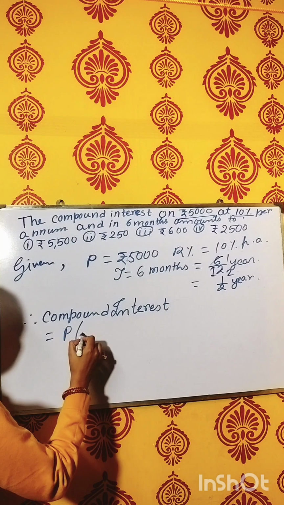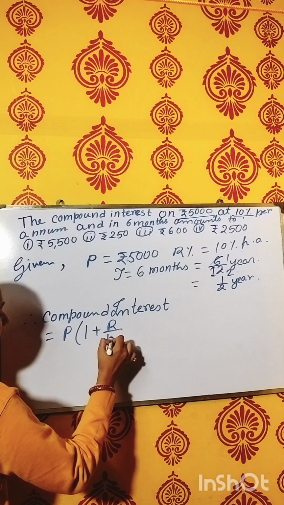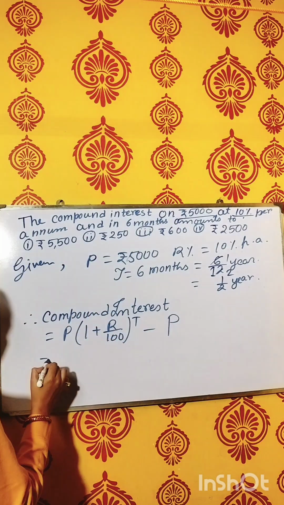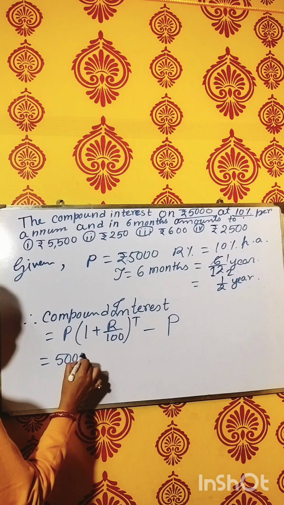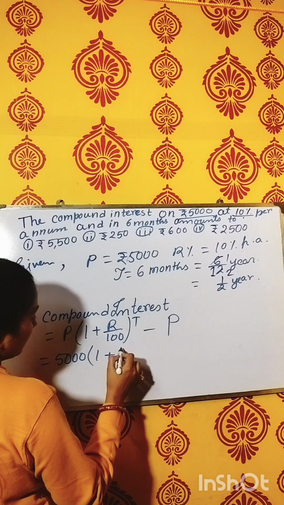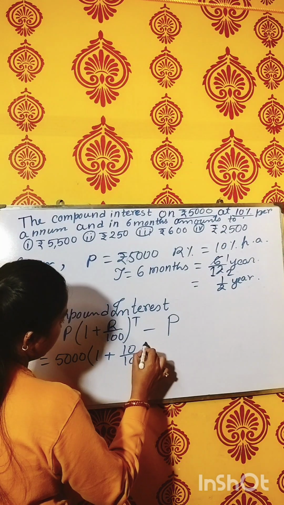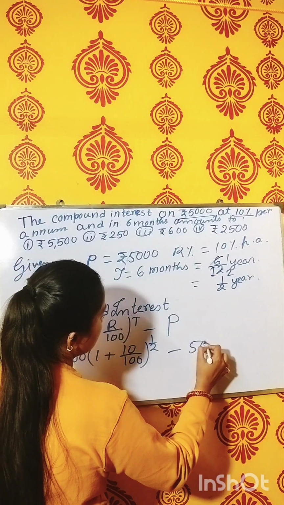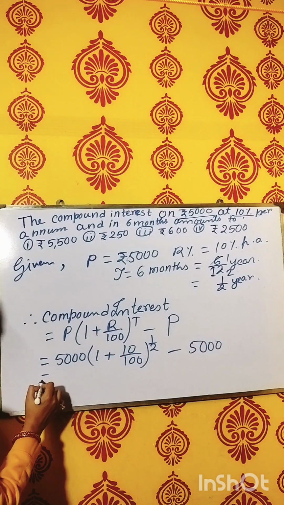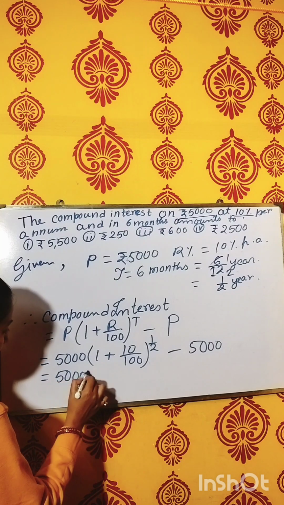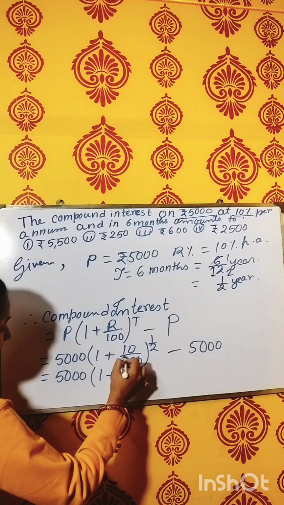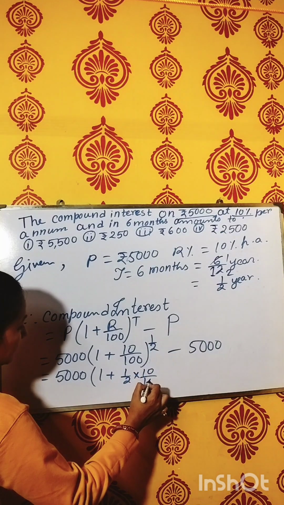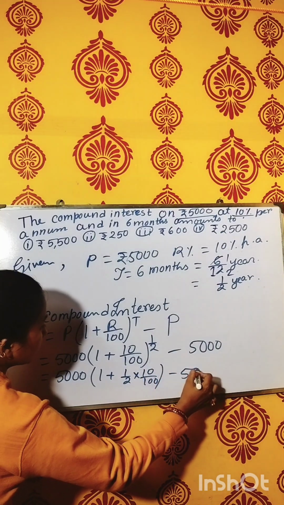Now we will write the formula of compound interest and put the values in the formula. P multiplied by (1 plus R by 100) whole to the power time T, minus P. Now put the value of principal, which is equal to 5,000. 1 plus R, that means 10 divided by 100, to the power 1 by 2. Minus 5,000.